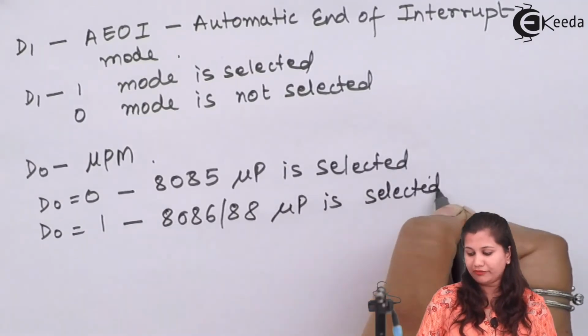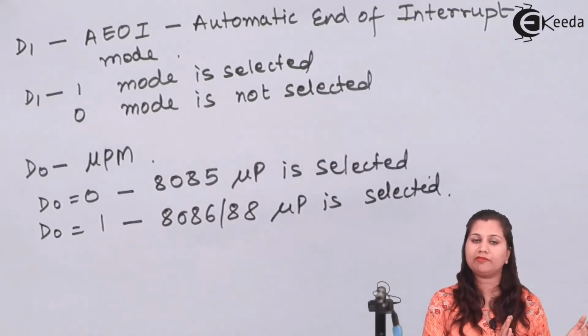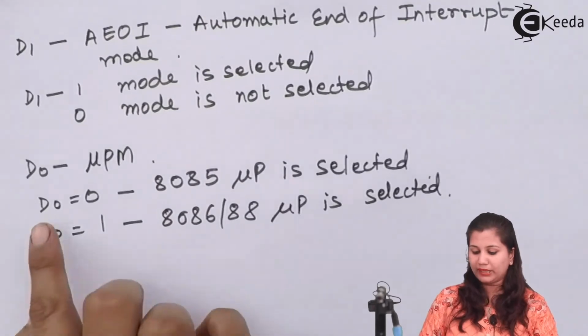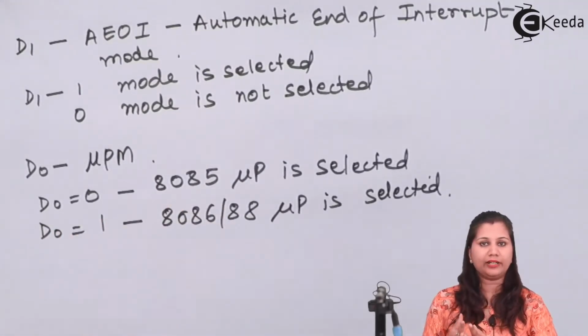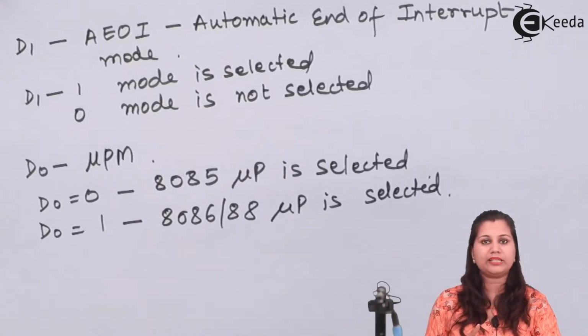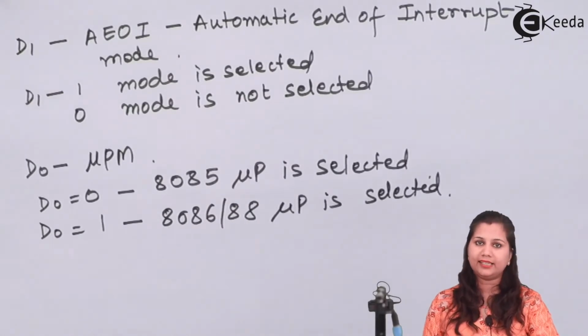Because this 8259 IC can communicate with both types of microprocessor, 8085 and also 8086 or higher versions. So when this bit is 0, it means that the 8259 is communicating with 8085, and if it is 1, it means it is communicating with the higher versions 8086 and 8088.